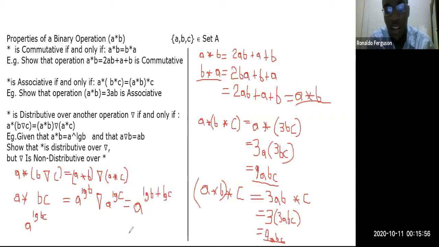The rule of logarithm tells us that what we can then do is rewrite this as A to the log B plus log C is the log of B times C. Now look at it. The left hand side is our right hand side, and so clearly we can say that star is distributive over delta. So we've shown the first one. So star is indeed distributive over delta.